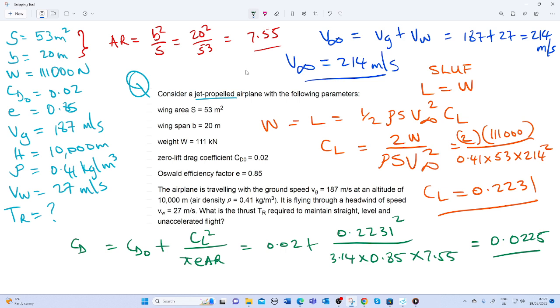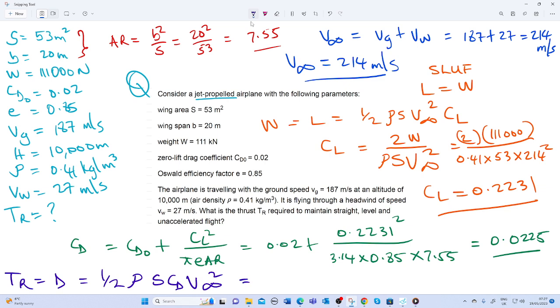Now from this we can deduce that the thrust equals the drag during the straight level unaccelerated flight, just like the weight equals the lift. So therefore our TR, which is the thrust, which equals the drag on this particular flight, equals half of rho S CD times our mainstream velocity squared.